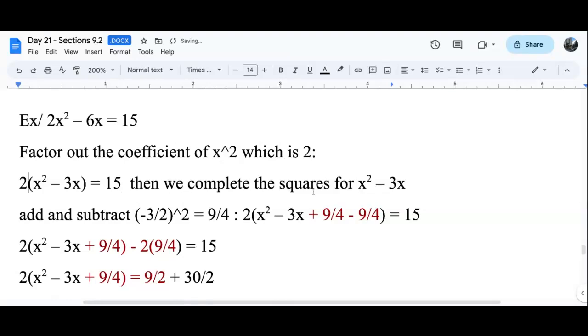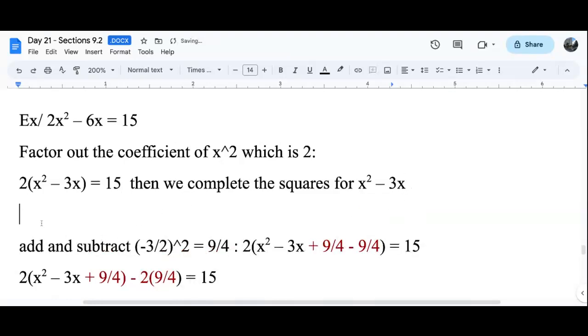Oh, you know what? Let me keep this one. Because fractions make people confused. So I have 15 divided by 2. I just divide by 2 on both sides. So I have x squared minus 3x equals 15 divided by 2.